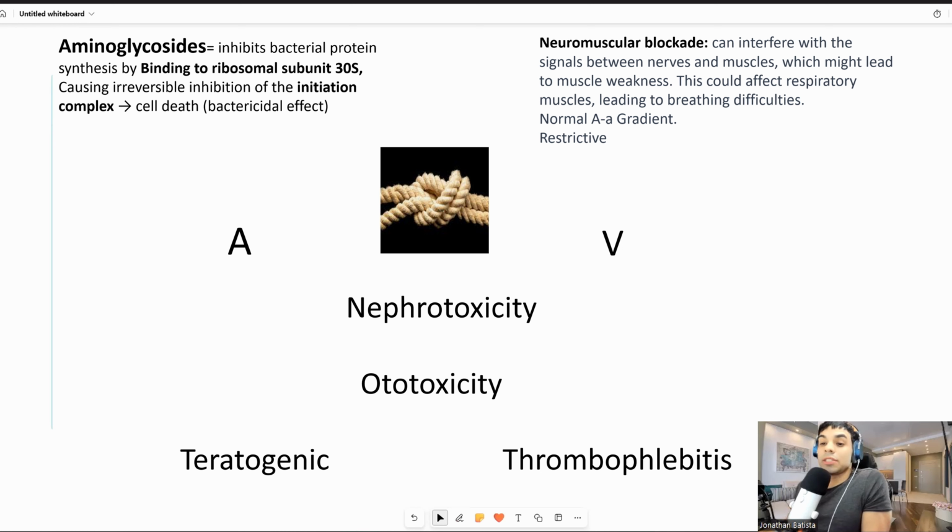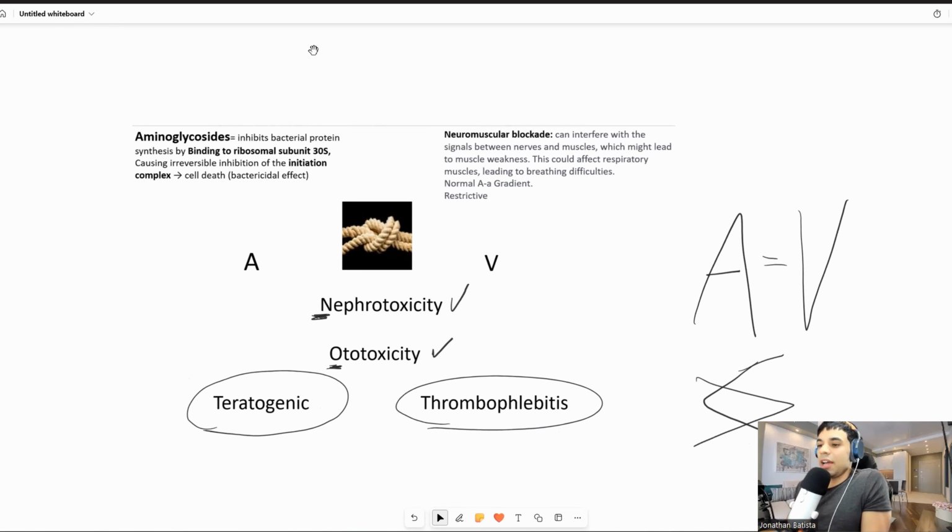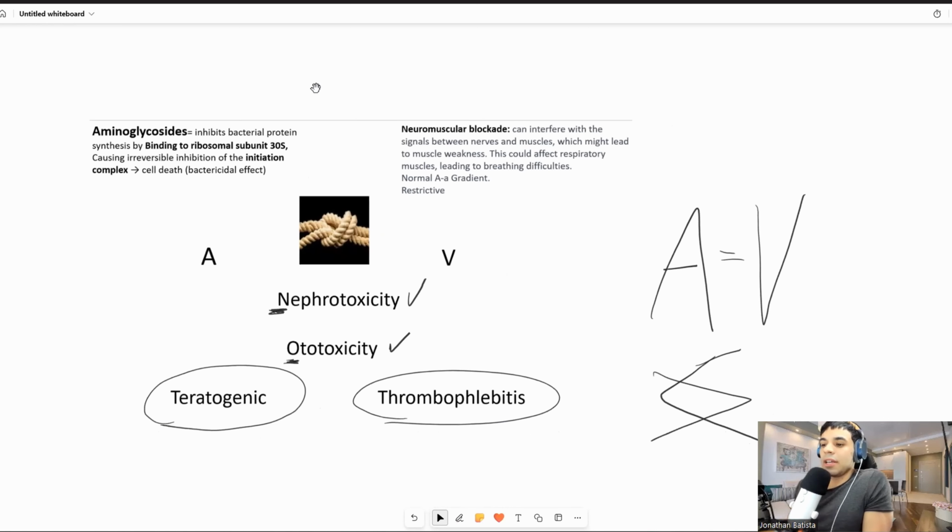Now, something crazy about aminoglycosides. Here comes the weird side effect that it has. It can stop the autonomic system. If somebody has, let's say, myasthenia gravis, or already has a neuromuscular degenerative disease, and they take an aminoglycoside, it can induce neuromuscular blockade, leading to hypoventilation, right? Decrease in respiratory rate.